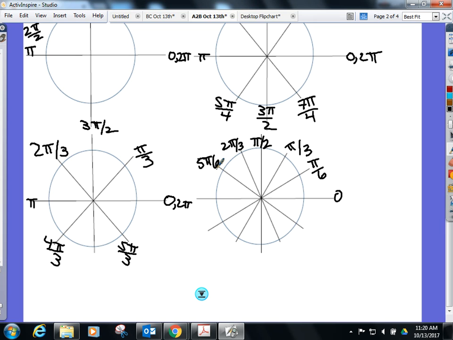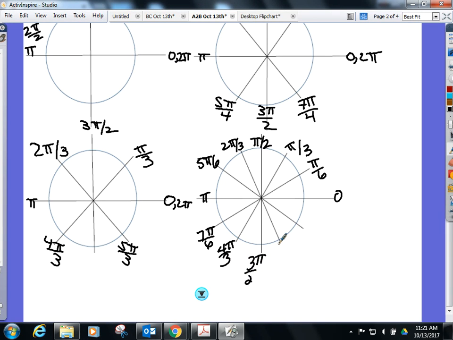This will be 6 pi over 6. Pi. Keep going. This will be 7 pi over 6. Keep it rolling. 8 pi over 6, 4 pi over 3. 9 pi over 6, or 3 pi over 2.